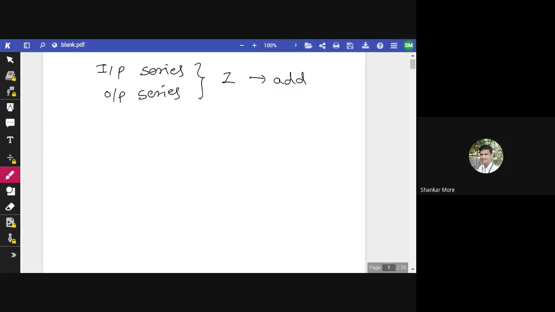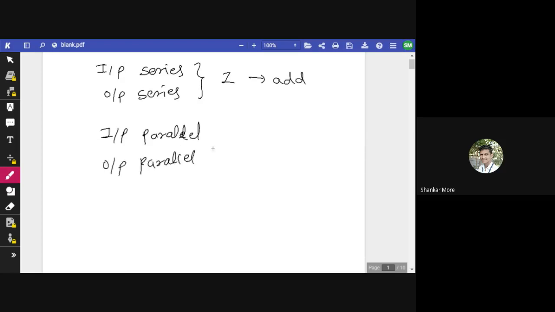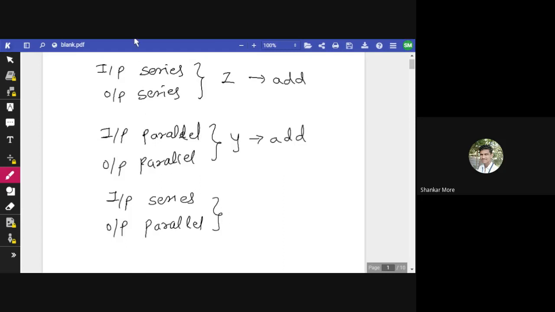Now the next point: if input is in parallel and output is again in parallel, then in such a case Y parameters get added. Then we have input in series but output in parallel. In such a case, which parameters will get added?